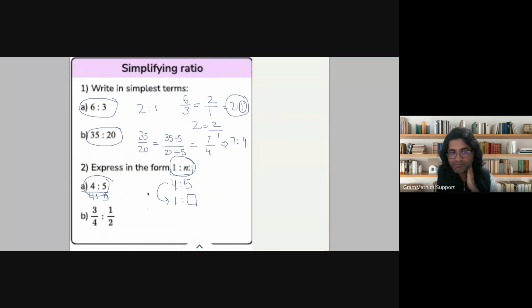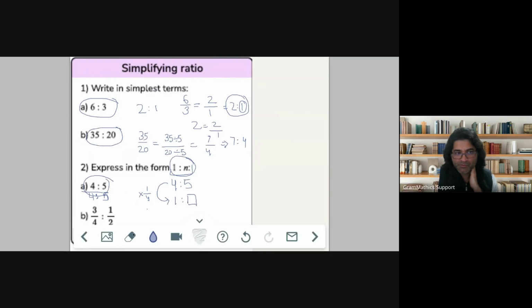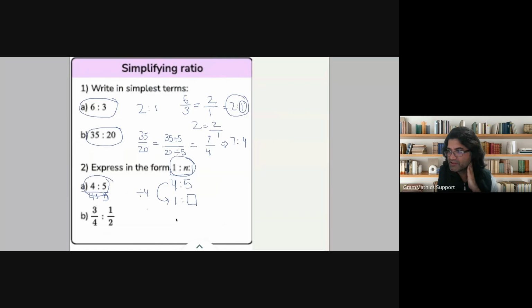So what has happened? We have kind of multiplied the 4 by 1 by 4, isn't it? We have divided 4 by 4. I think dividing will make more sense than multiplying. So what has happened here is we have divided 4 by 4 to get a 1.